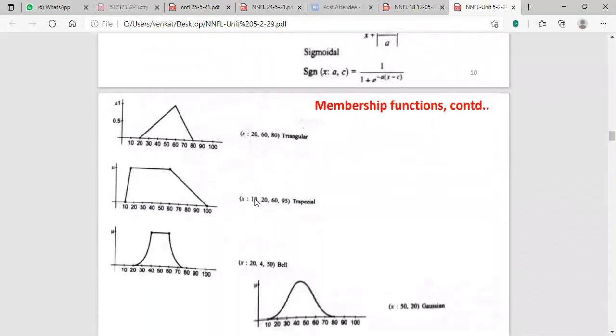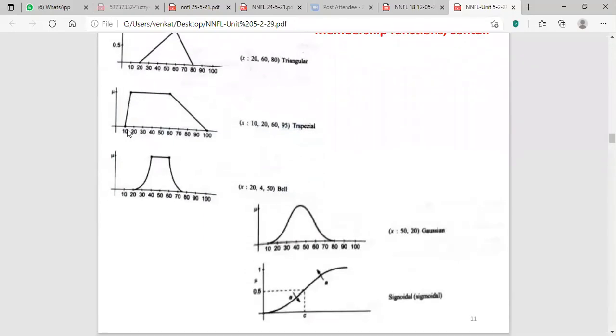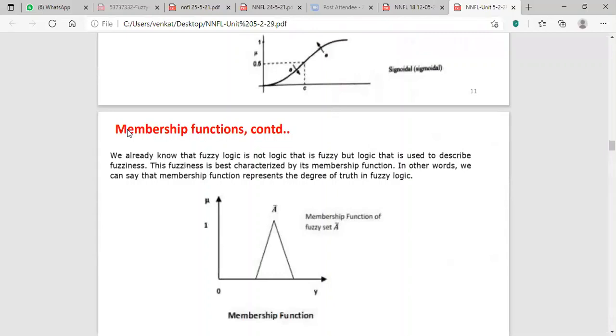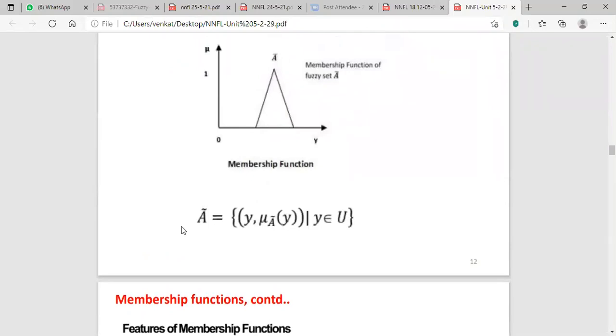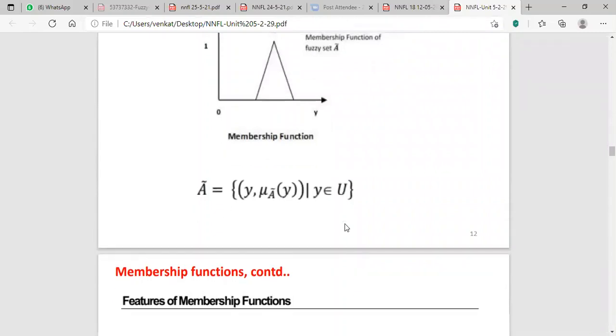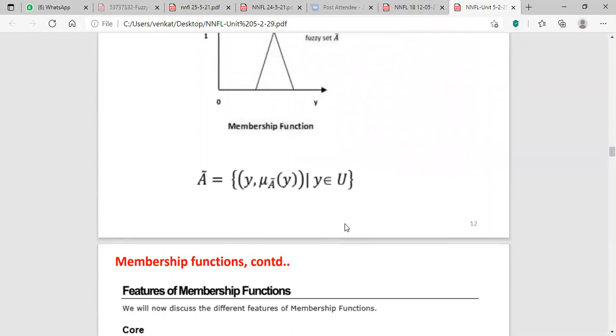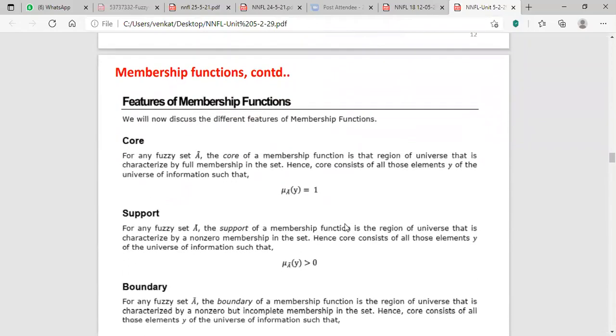On the y-axis you have the membership function and on the x-axis you have your x value. These are some examples of membership functions, usually expressed as A = {(y, mu A(y)) such that y belongs to U}, the universe of discourse.